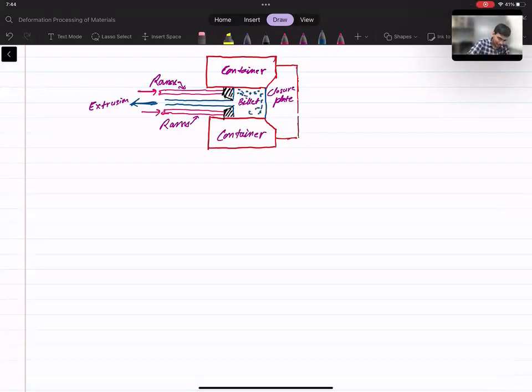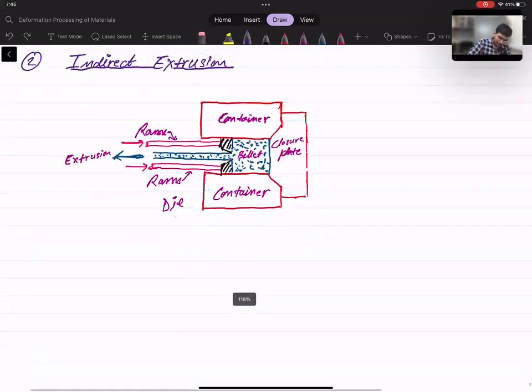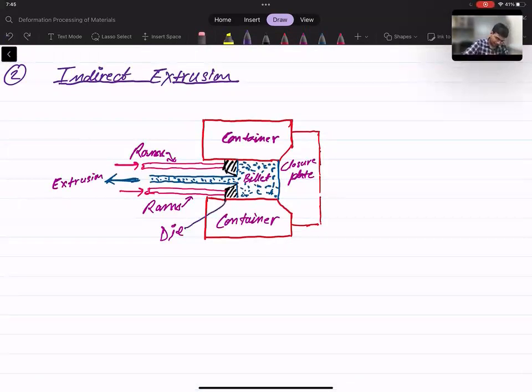Let me hatch it for clear visibility. This is the billet and extrusion. These were dies. This is the die. Okay.